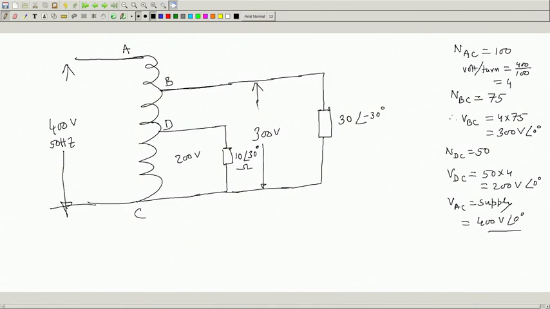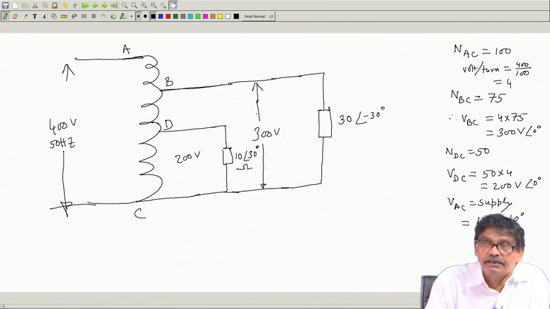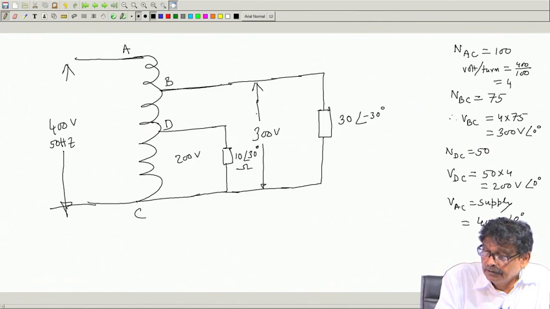Then the question is this: show the current distribution in various parts of the coils. One way of doing this is going by physical argument, trying to balance the MMFs, but there is a shortcut method. What is that? This is the only source of input power, and power is consumed only here and there, the transformer being ideal.